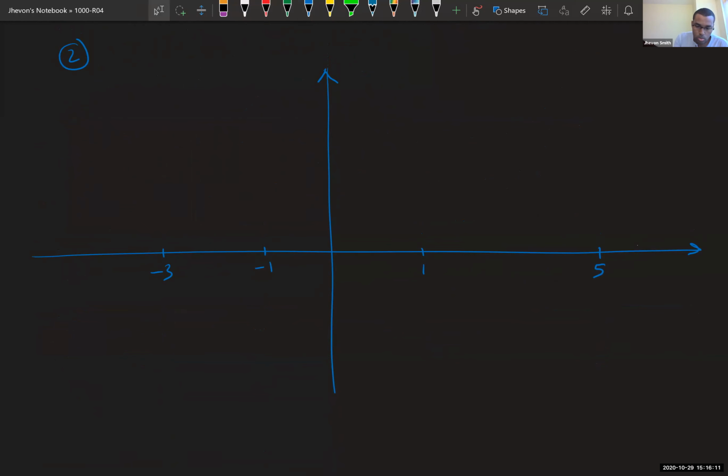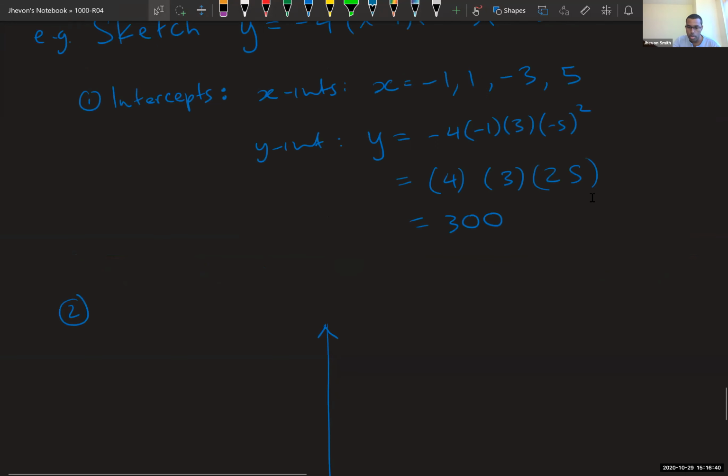And so I can pick a number over here, say -4. I can pick a number over here, say 6. I'm going to write those as different colors on purpose. I can pick a number in here, say -2. Pick a number in between these two, say 0. Pick a number in between these two, say 2. It doesn't matter which numbers you pick, you just pick some numbers, right? And now you're going to plug those numbers into the original formula.